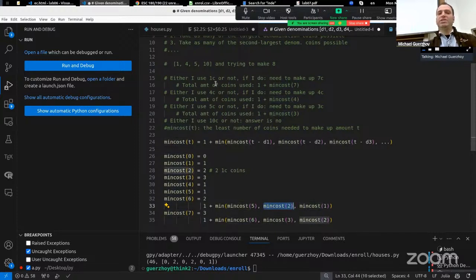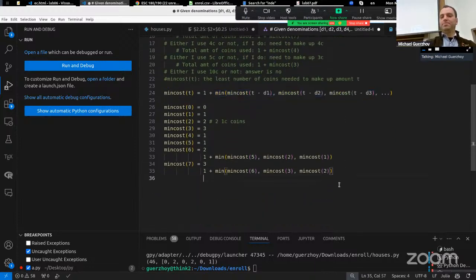Or I use a 5-cent coin and then whatever I need to make up 1 cent. Okay, so this is this. All right, are we good with this?